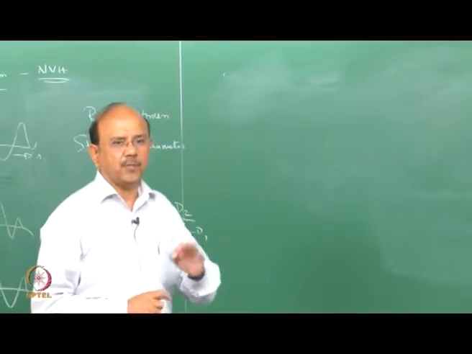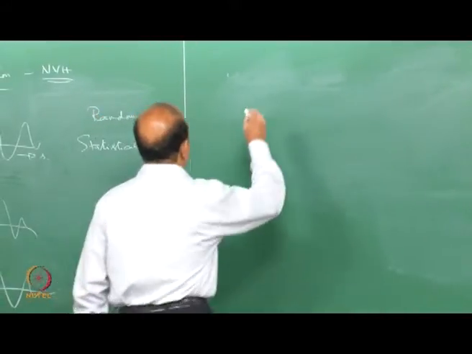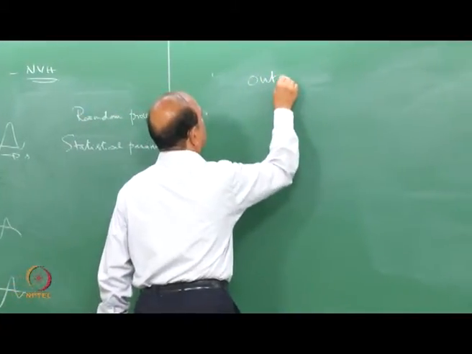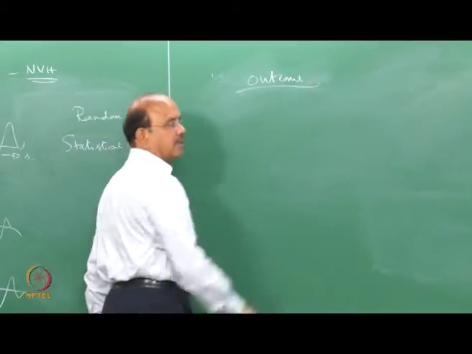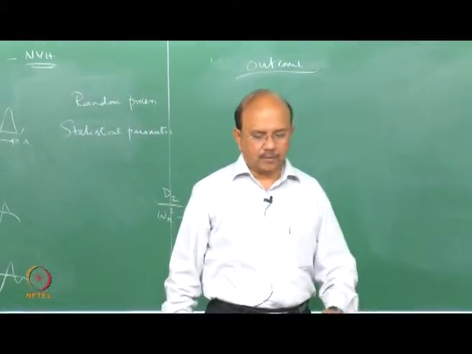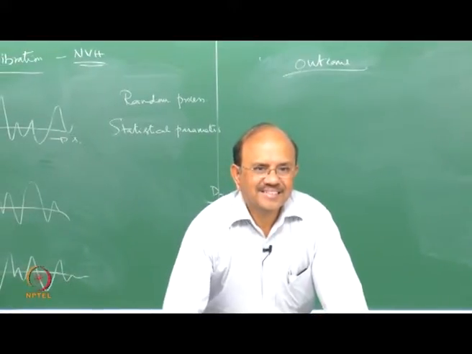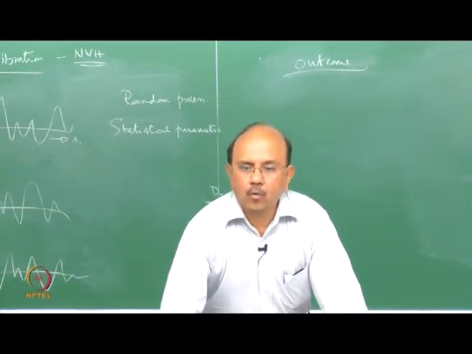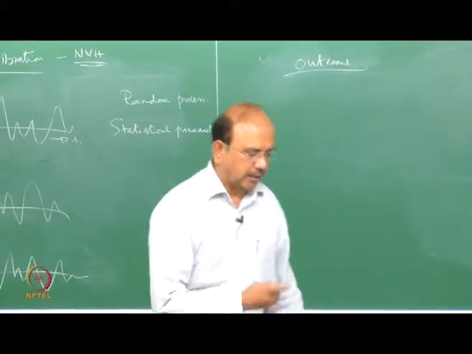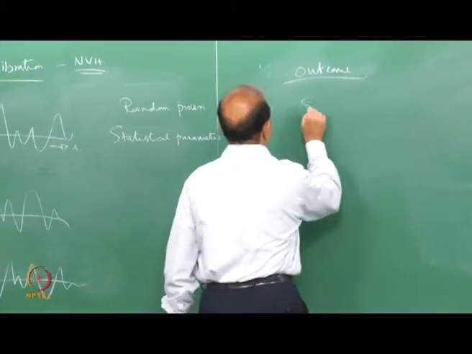The result of an observation is what we will call the outcome. The set of all possible outcomes is what is called the sample space.